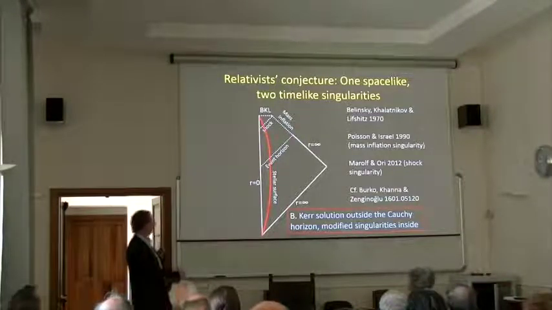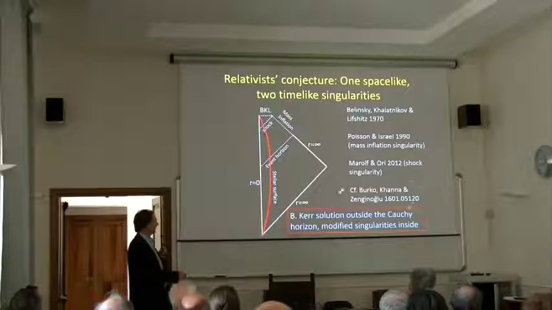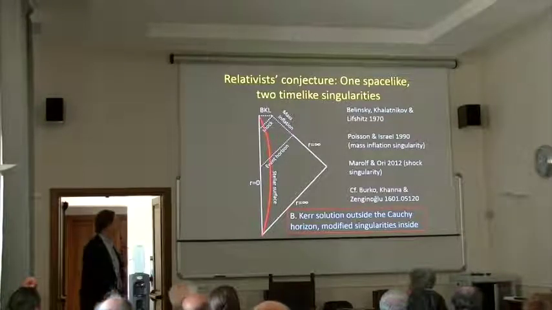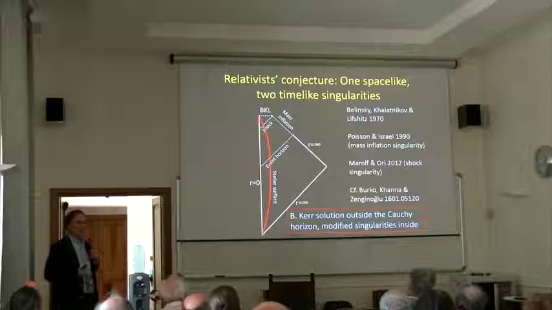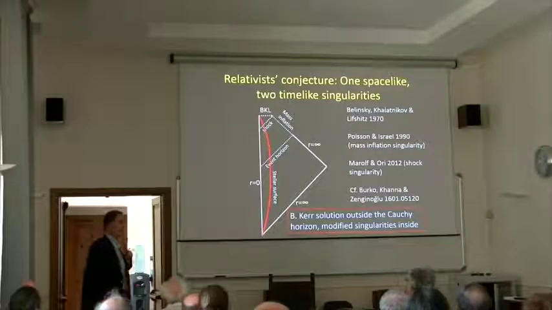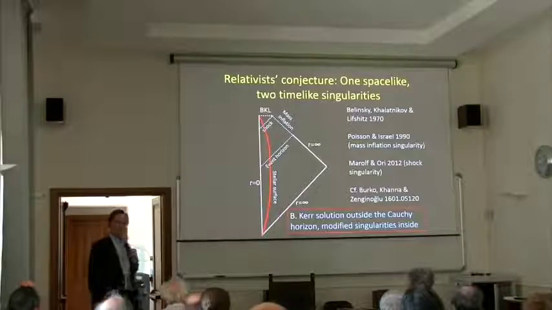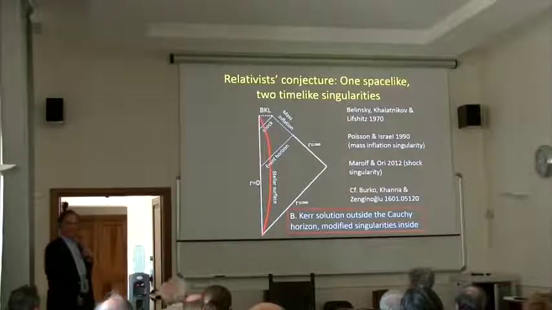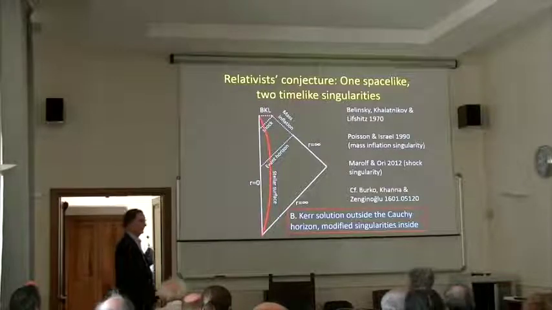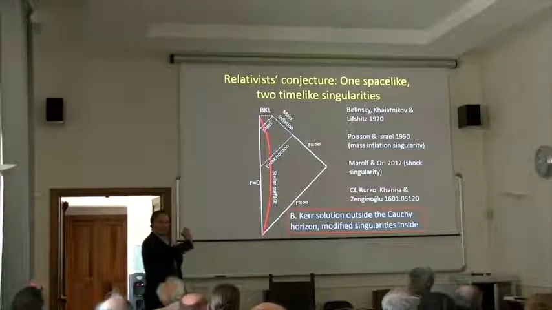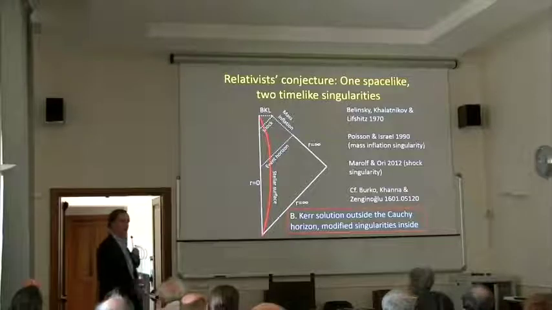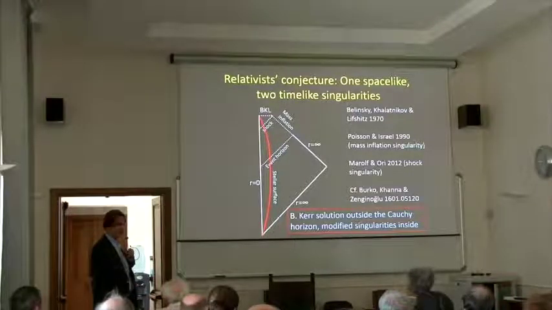And these ideas have been sketched out in a number of papers recently, for example, this one by Burko et al. So from the point of view of a classical relativist, this would seem to be a plausible description of the curved geometry, and the rest is some details of working out the exact structure of those singularities. I stress this is still somewhat speculative. We have no full numerical models that validate this picture.